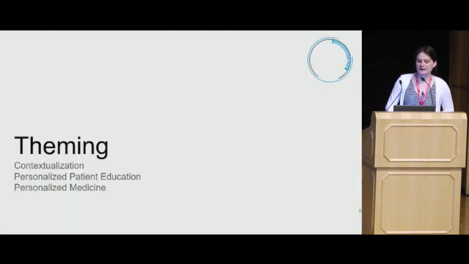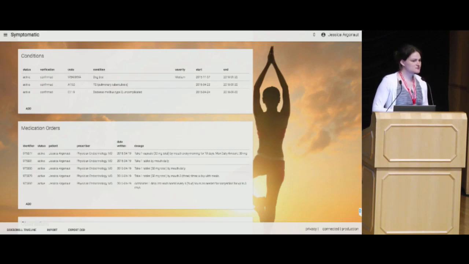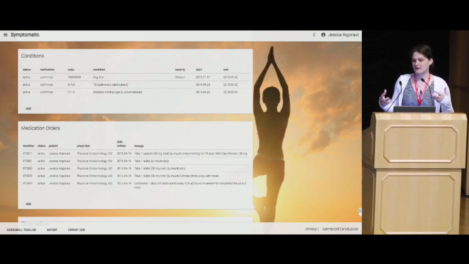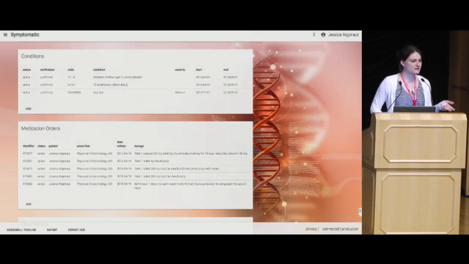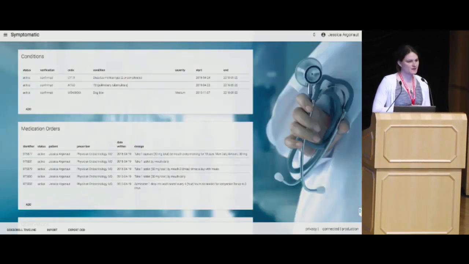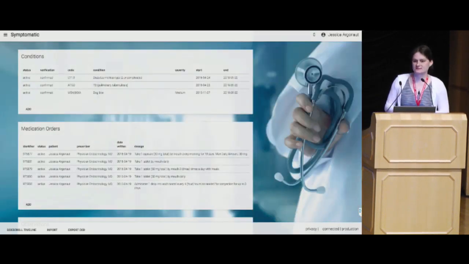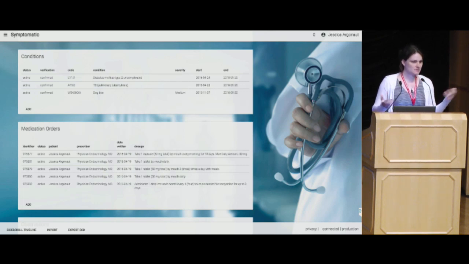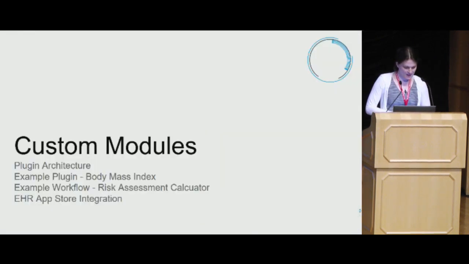Theming. Our product, I used to work at a medical illustration studio, so we have a wide support for theming so that we can brand it and get it into different environments, customize it, imaging assets, brand colors, which lets it place into existing platforms and infrastructure. Custom modules.